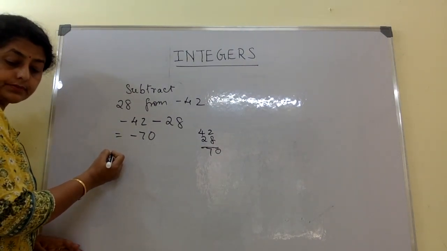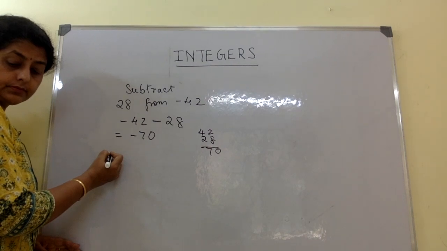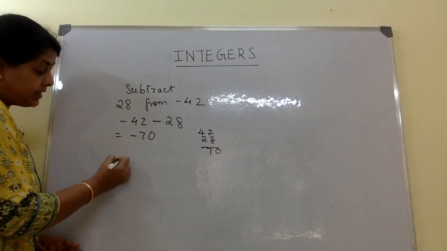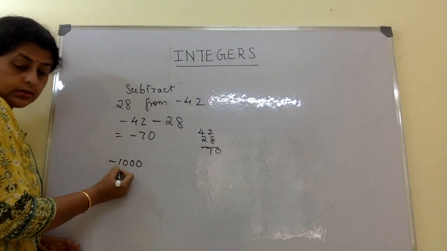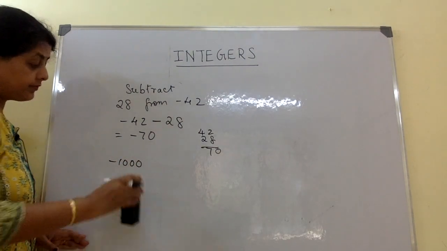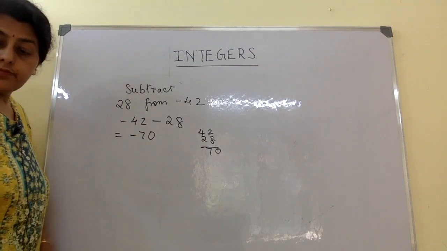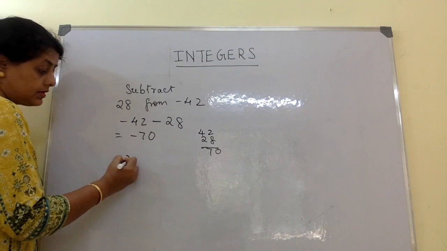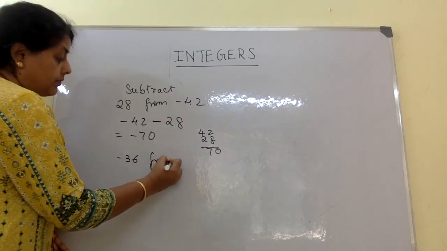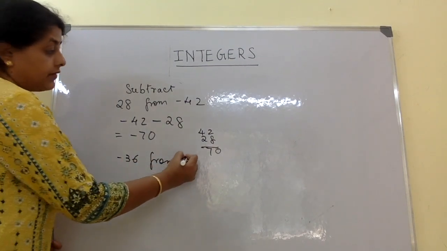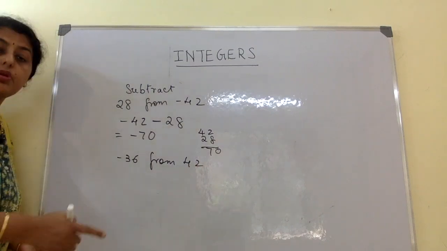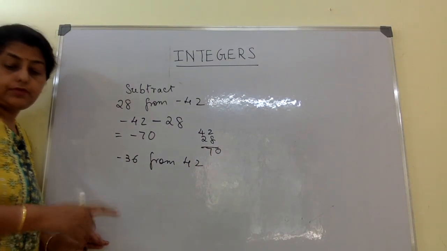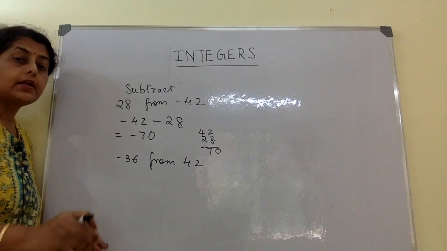Then minus 1000. So now another one, minus 36 from, they are saying 42. These sums I am doing from the fourth sum of RS Agarwal first exercise 1A. Okay.